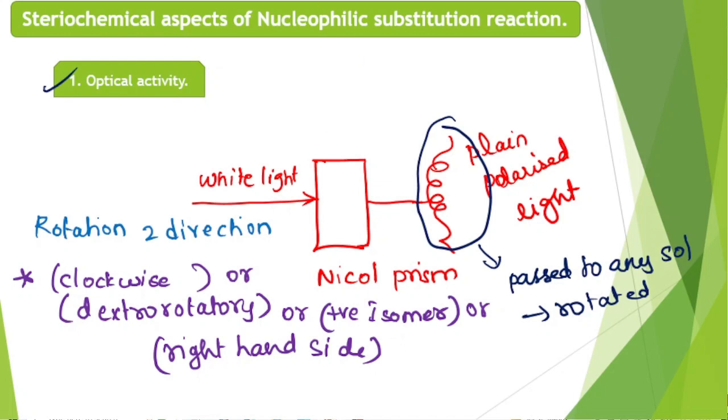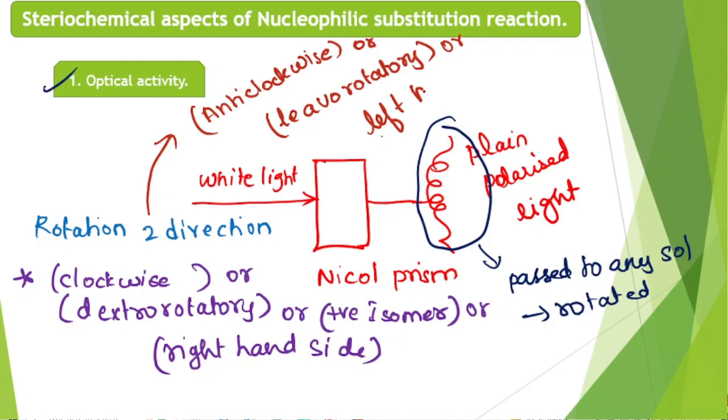Okay, if it is anti-clockwise, it can be called levorotatory, or left hand side, or negative isomer. Negative isomer. Clear? So that's all about this.